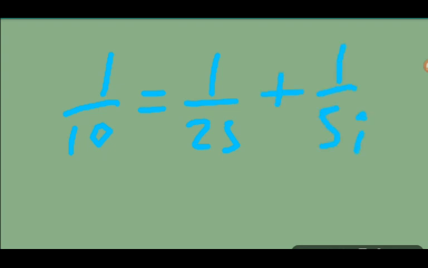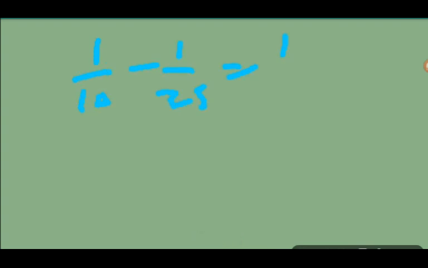So 1 over 10 minus 1 over 25 is equal to 1 over image distance.